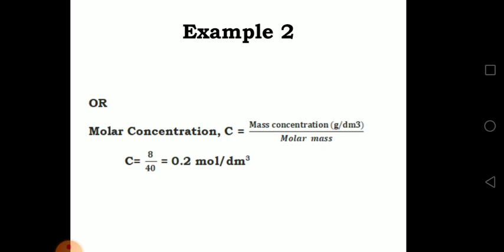You need to decide which formula to use depending on the parameters that you are given. So you can just say that your molar concentration is mass concentration all over molar mass. Since we know the mass concentration to be 8 g/dm³ and the molar mass is 40, we get our molar concentration, which is 0.2 mol/dm³.